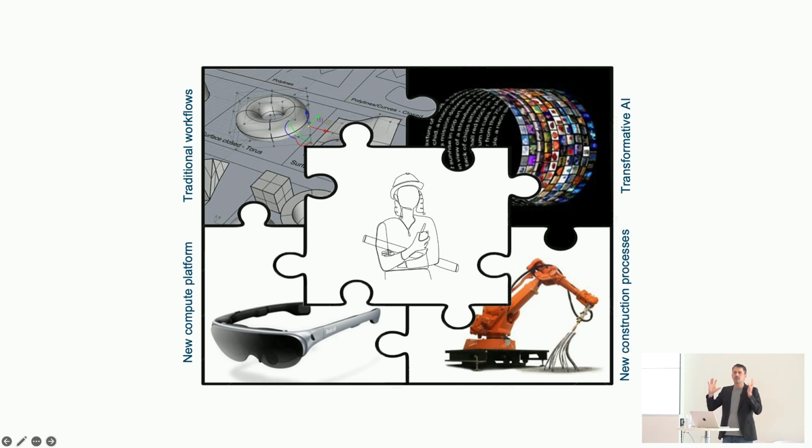And I think the future is really exciting, because of bringing together this world of traditional workflows with advanced robotic fabrication methods that become more and more autonomous, mobile, and versatile.